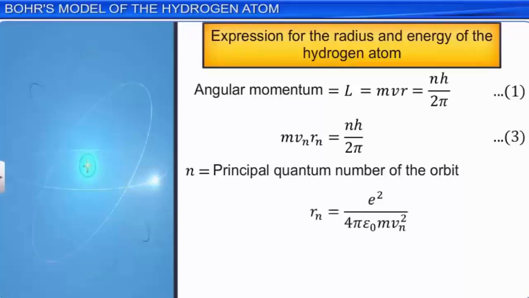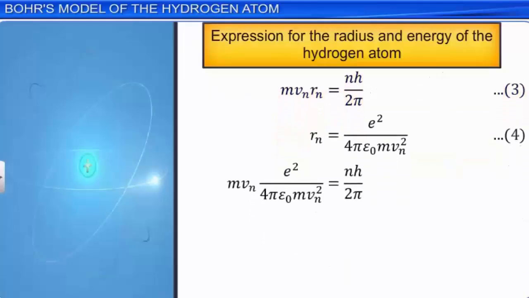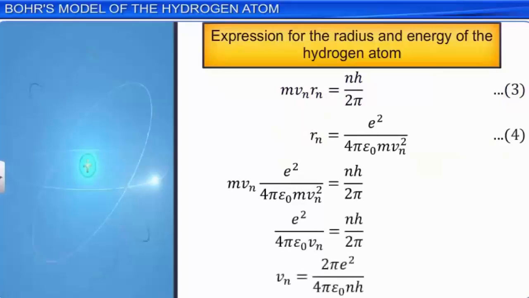Substituting the value of r_n in equation 3 and simplifying, we have v_n = e² by 2ε₀ nh.